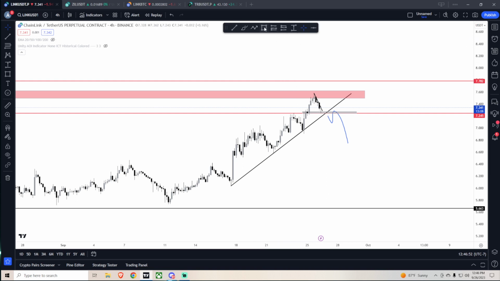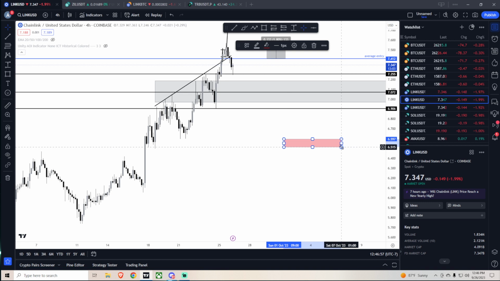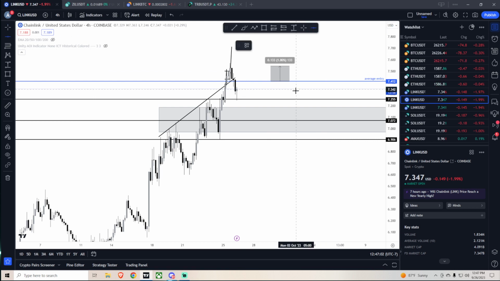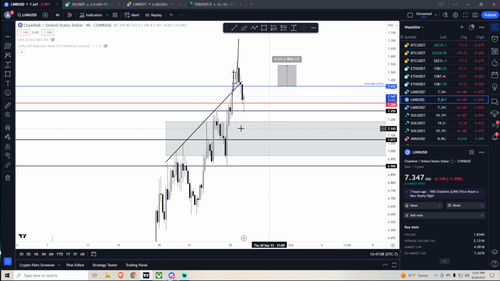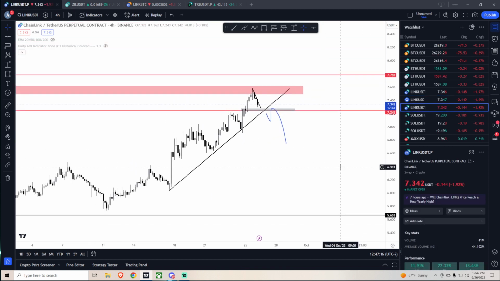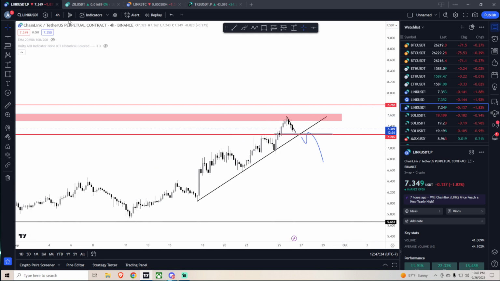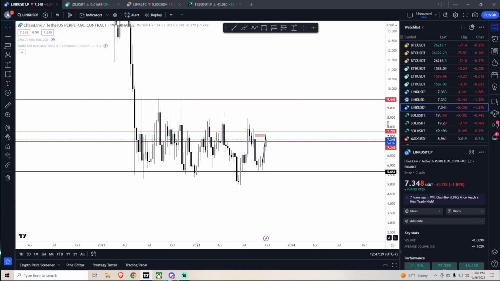Next possible bounce point for Link. I gave my spot play. I got in at 741, DCA filled on the dot. My average, I haven't checked my average, but probably closer to here. For me, Link, I think can run up to at least 780, but I'm waiting for an expansive move to $9, hopefully.